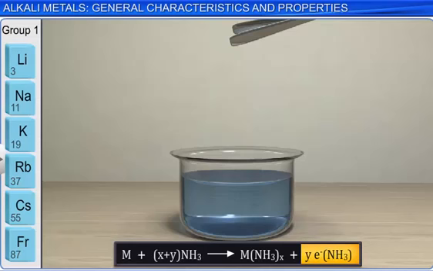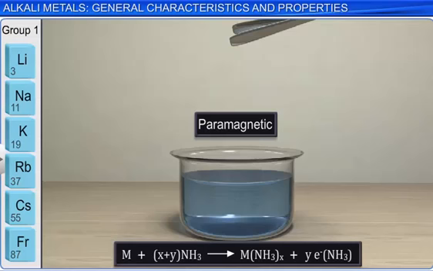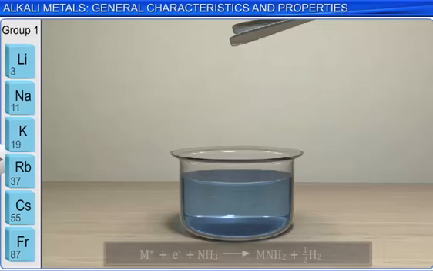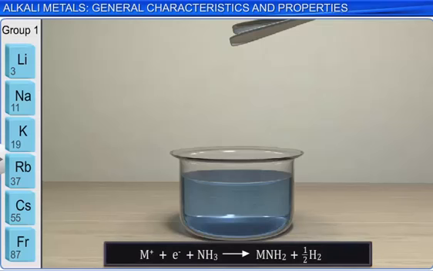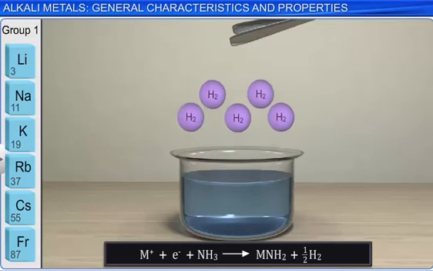The solutions are paramagnetic, which means that they are attracted to an externally applied magnetic field. When allowed to stand, the solutions slowly release hydrogen gas as amides are formed, as shown in the reaction. When concentrated, these solutions turn a bronze color and become diamagnetic.